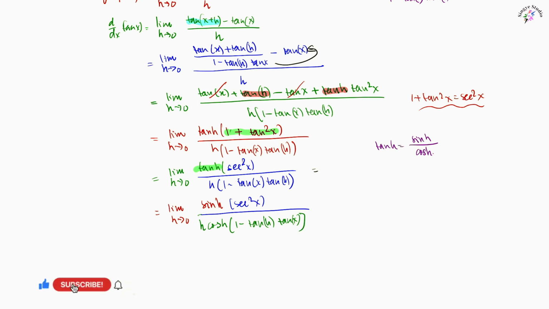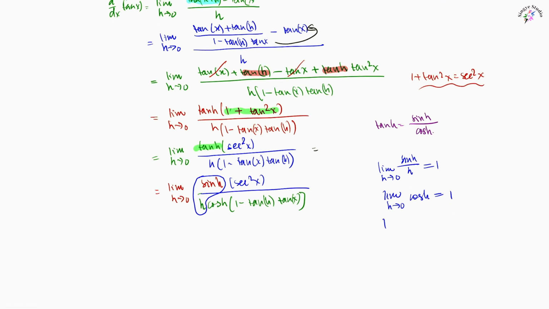Now we know that the limit of sine h upon h, when h approaches 0, goes straight to 1, and the limit of cosine h as h approaches 0 will also approach 1.